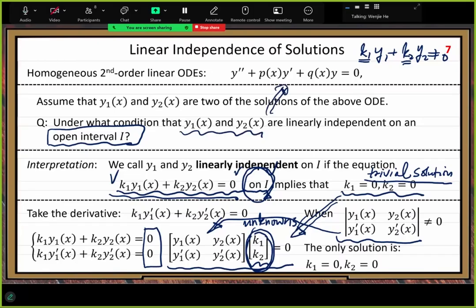Then you calculate this determinant. You only have two cases: equal to 0 or not equal to 0 on that interval I. If it is not equal to 0 on I, then you only have the trivial solution.